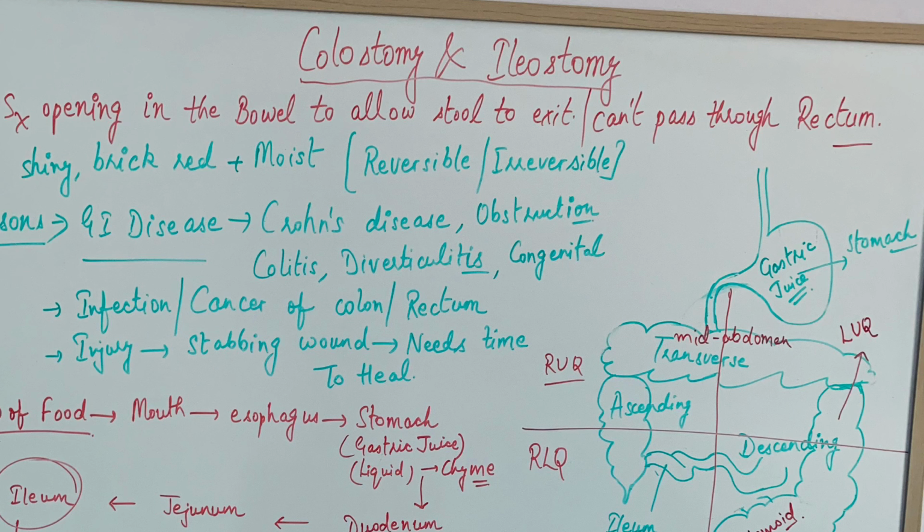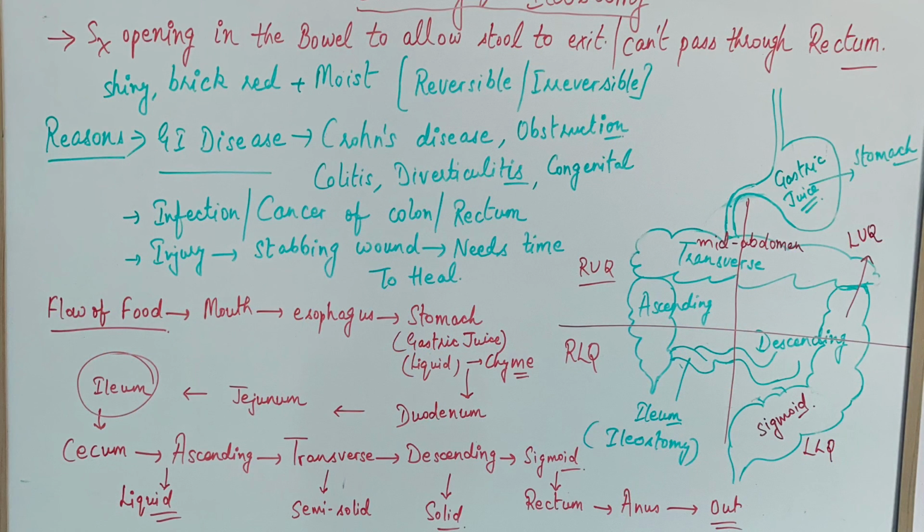The first reason is GI diseases like Crohn's disease, any obstruction in the colon, colitis, that is inflammation of the colon, diverticulitis, that is inflammation of the diverticuli, or some congenital defects. Next, some underlying infection of the colon or rectum, or some cancer of the colon or rectum.